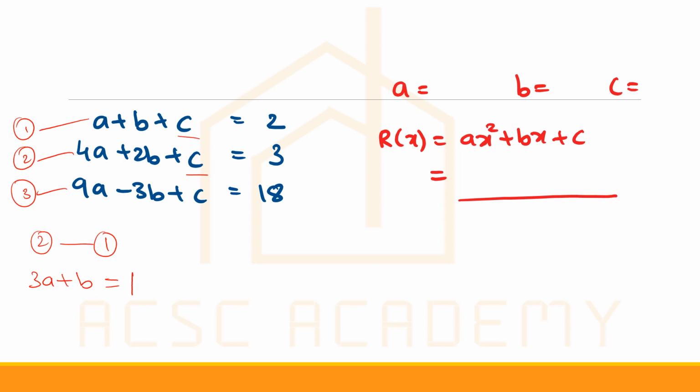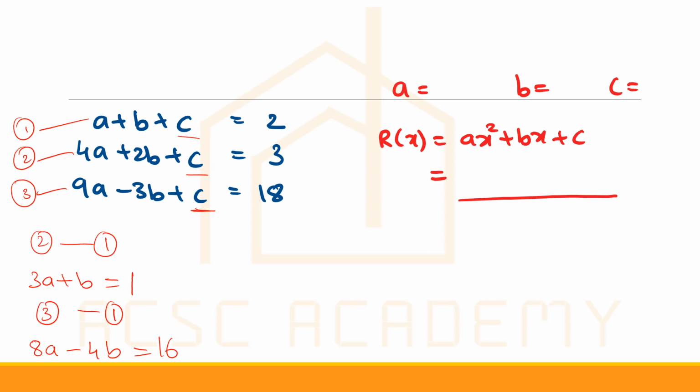So this is what we get. One variable is eliminated. Now in the same way, if we subtract 1 from 3 as well, then also c will be gone because again it has the same coefficient. So 3 minus 1 gives us 9a minus a, which is 8a, minus 3b minus b, so minus 4b, equal to 18 minus 2, 16.